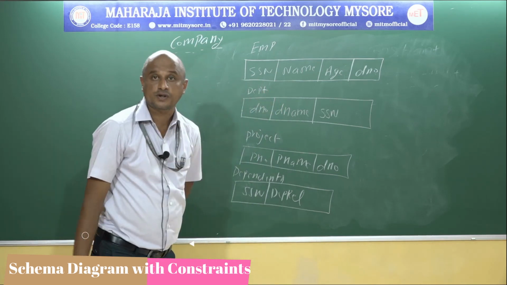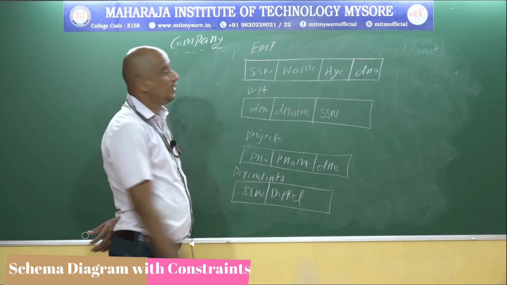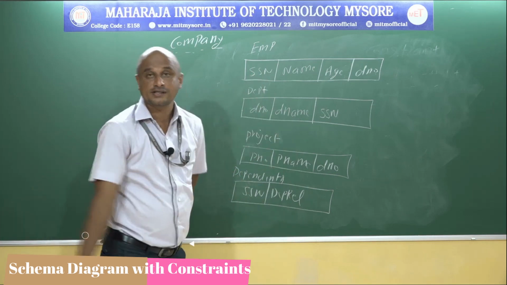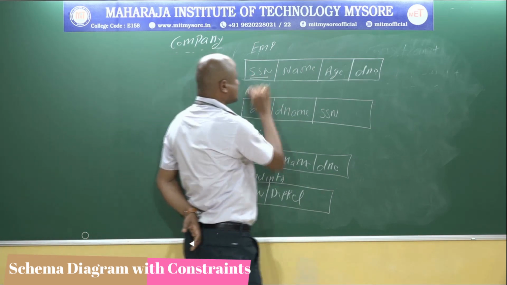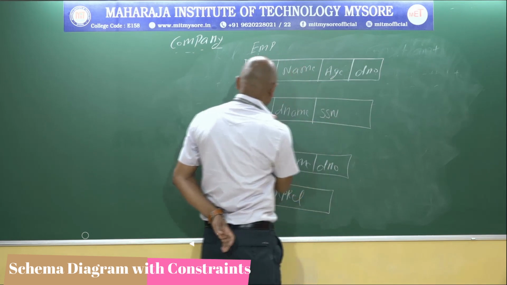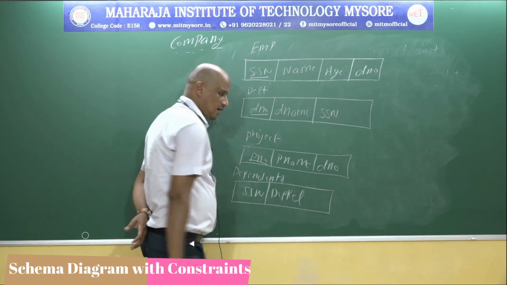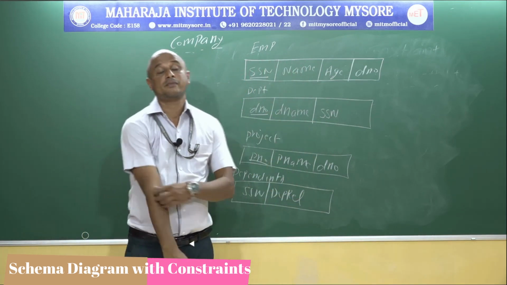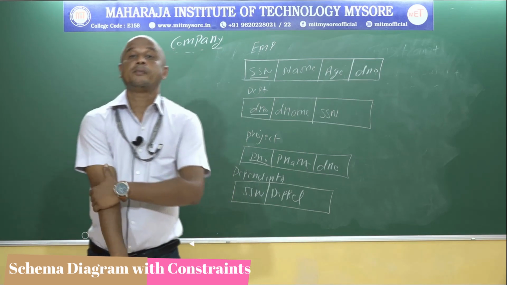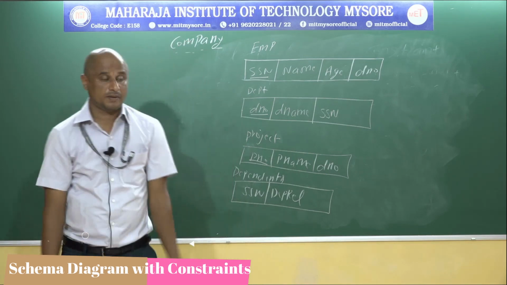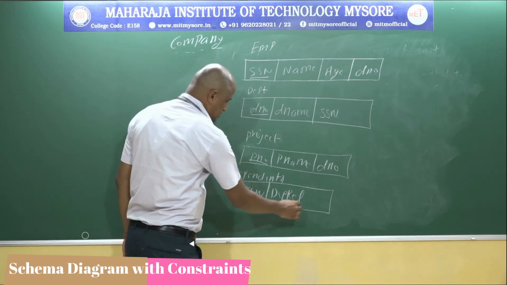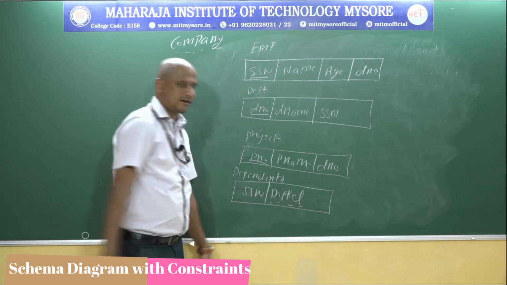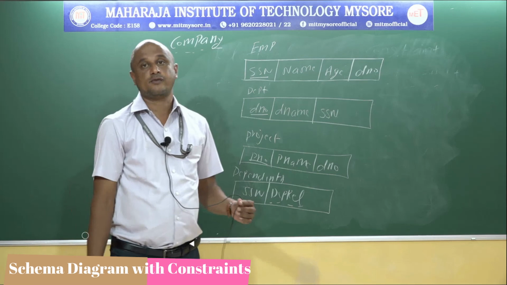Now my job is to identify the primary key and foreign key in the given schema diagram. SSN, department number, and P number are primary keys of the particular tables, right? This is a partial key contained by dependents as a weak entity.